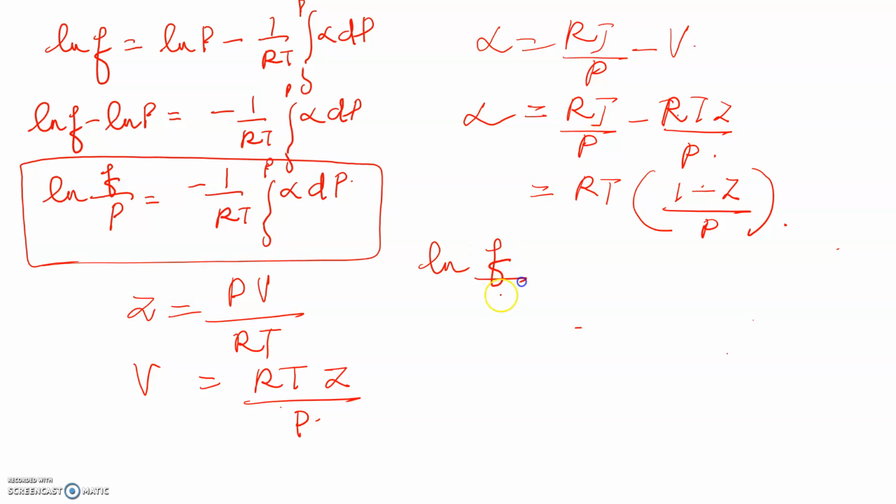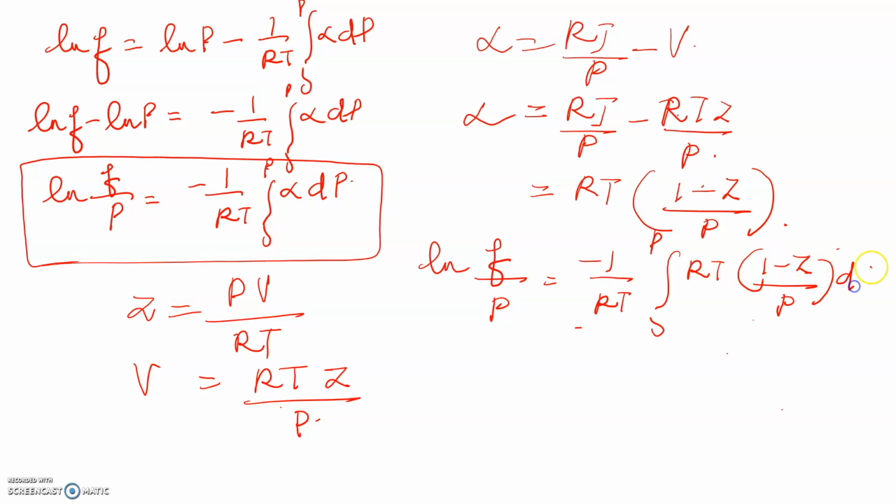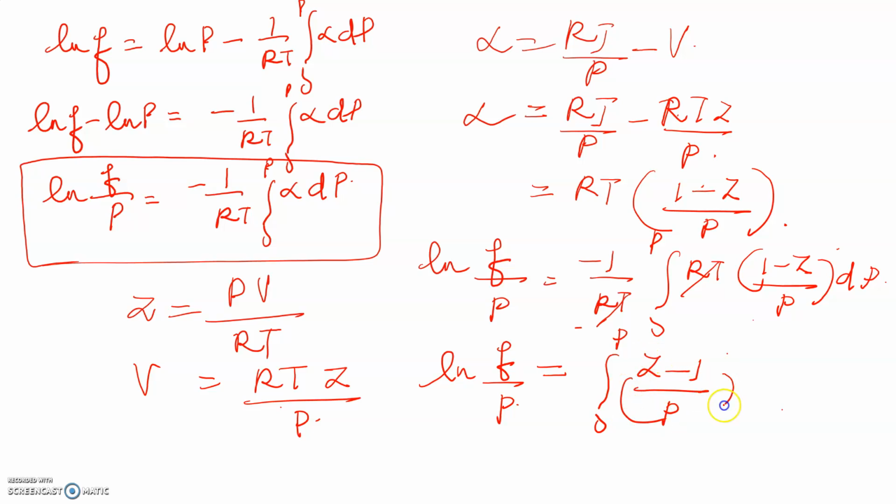Okay, let's substitute. ln f by p is equal to minus 1 by RT into integral 0 to p RT into 1 minus Z by p into dp. RT and RT cancel out, and what is left is ln f by p is equal to integral 0 to p, minus when taken inside becomes Z minus 1 by p into dp.